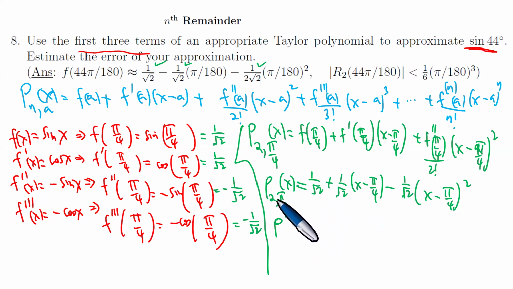So now P2 of pi over 4, which is just P2.